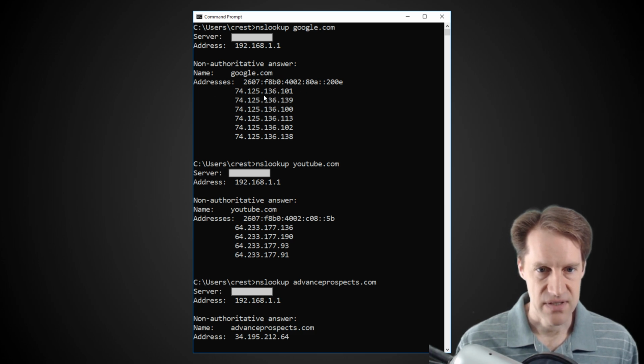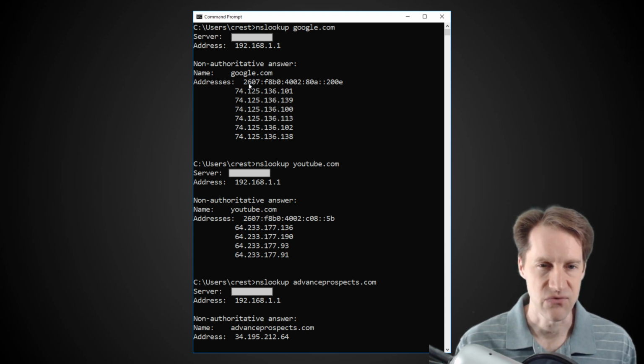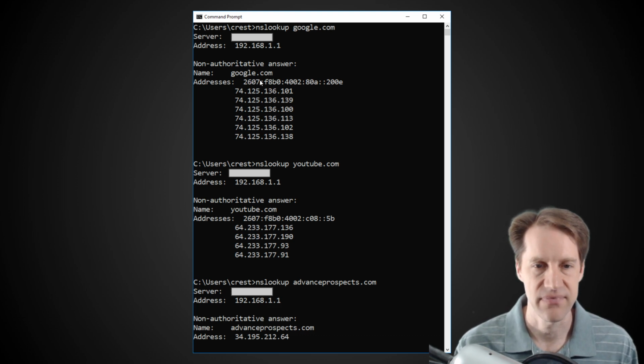So our system chooses one of these and contacts it. Now, if you remember earlier, there was IP version 4, and that's what these addresses are. They're all numeric, a series of 4 numbers between 0 and 255. This one, you'll notice, is alphanumeric, and it is actually an IPv6 address. So that's what you're seeing here.